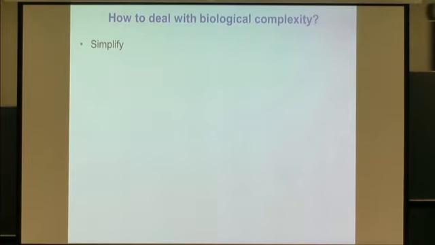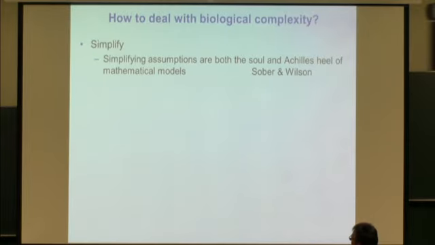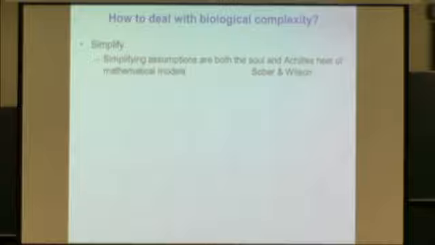You have to simplify, right? If it's very, very complex, you have to simplify somehow, and that is obvious. But how to simplify is not that easy, because this, I think, is a very nice quote: simplifying assumptions are both the soul and Achilles heel of mathematical models. Very true. So this is not an easy area.